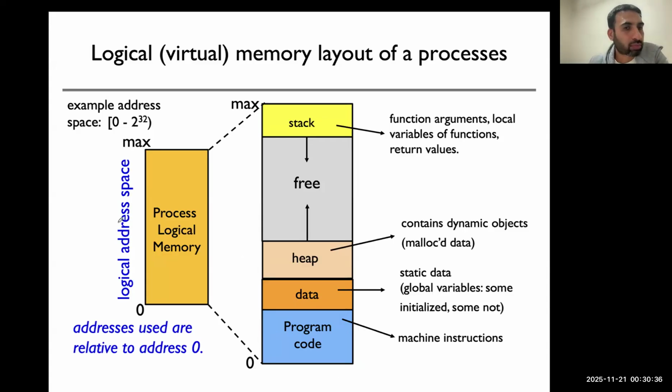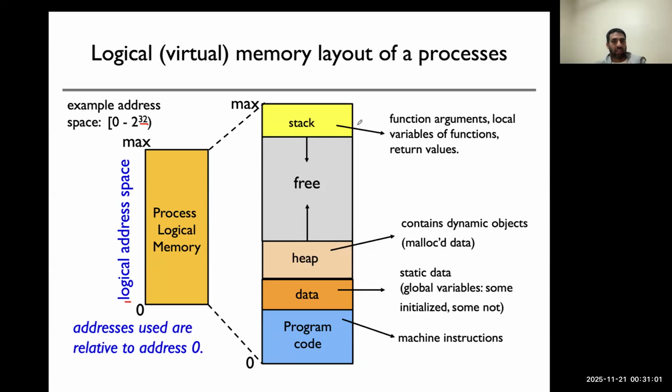As I said, the logical address space is within the range 0 to max, and if you have a 32-bit address, it will be 2 raised to power 32 minus 1. This whole address space is then divided into different chunks or sections.